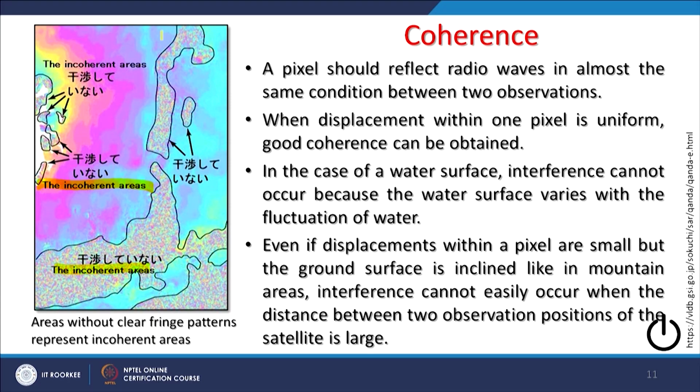In this example on the left figure, incoherent areas are there, but they are on one side and very clearly visible, whereas coherency has been observed in a large area, though we can hardly count only one fringe.